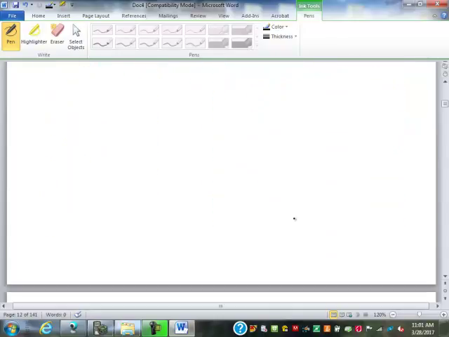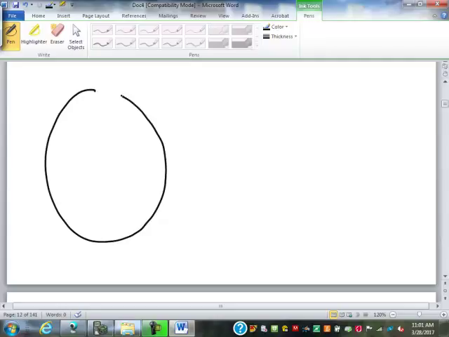Now, as we move on, we don't know how to find this one quite yet. But as we move on, we're going to know how to find something like this. Actually, I'm going to erase that. Let's say I know that this is a diameter of the circle here.